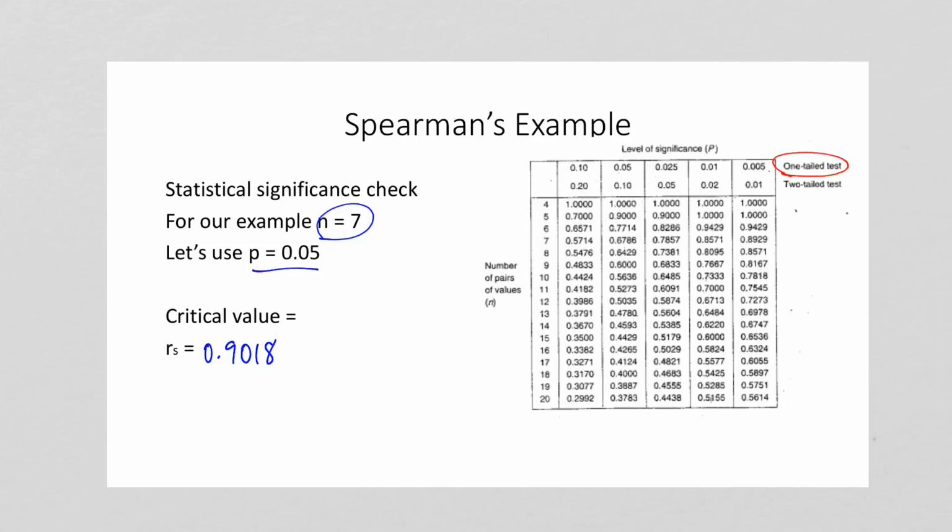So we're going to go with a one-tailed test and ignore the two-tailed test. So we look for 0.05 and 7, and we see that our critical value is 0.6786. So our RS value is bigger than our critical value, so the results are statistically significant. We reject the null hypothesis.